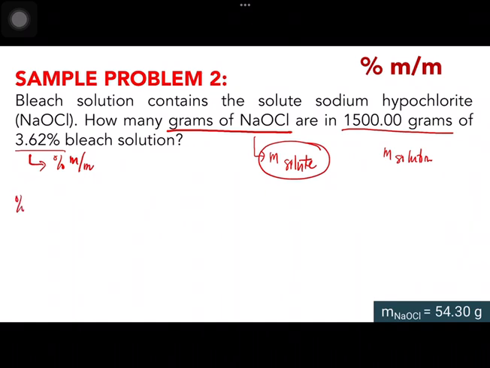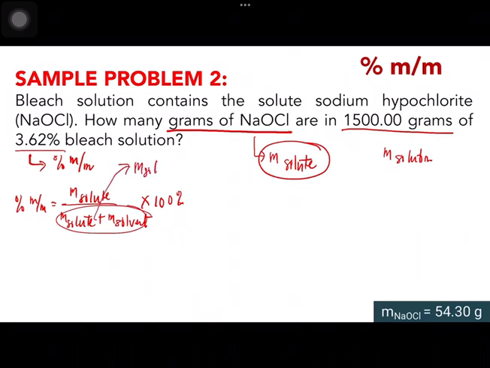So, kung kanina, ang percent by mass natin ay M solute over M solute plus mass of solvent. Actually, hindi na pala natin gagamitin itong equation na to kasi itong part na to ay nakasolution na. Okay? So, ano na lang siya? Percent by mass is equal to mass of solute over mass of solution times 100%.